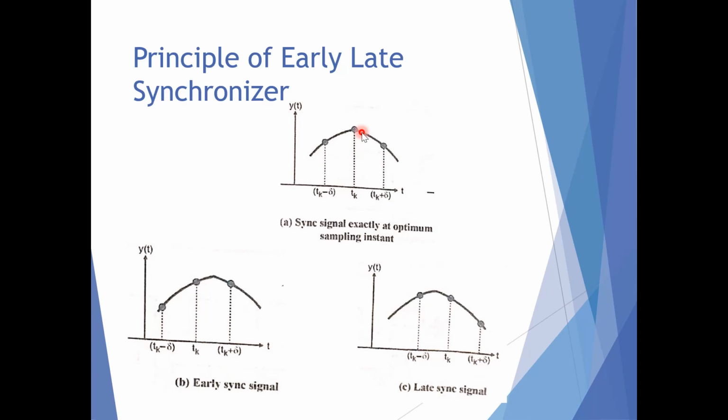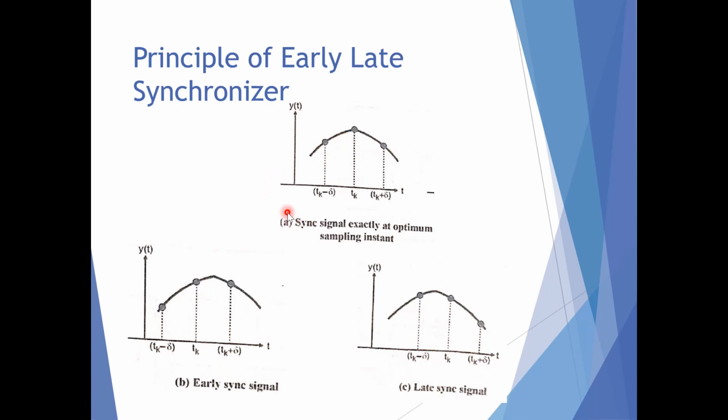That is, y(Tk) is the sampled value at the optimum sampling instant. Due to the symmetry of y(t) on either side of Tk, we can write y(Tk minus delta) and y(Tk plus delta); both amplitudes are the same.